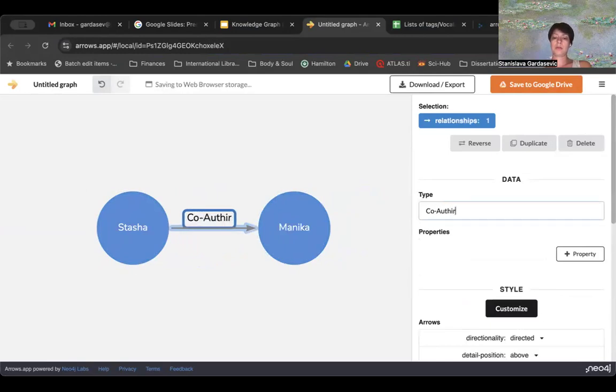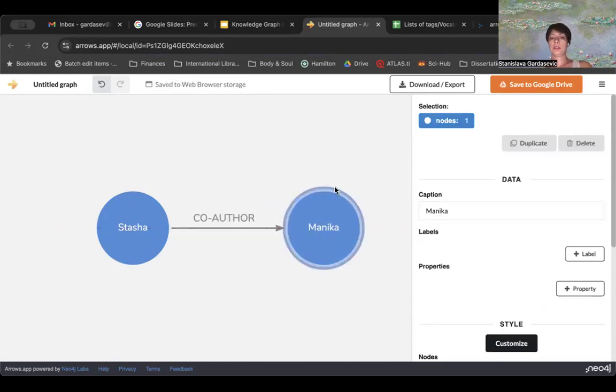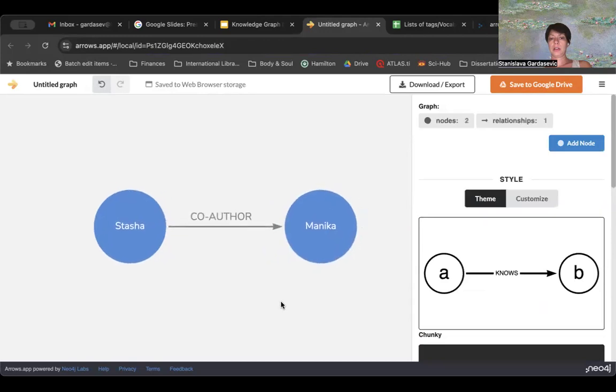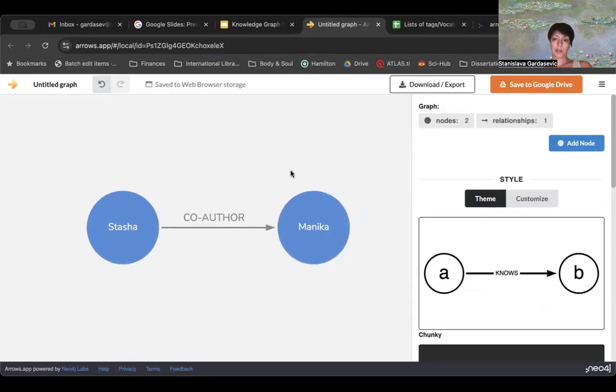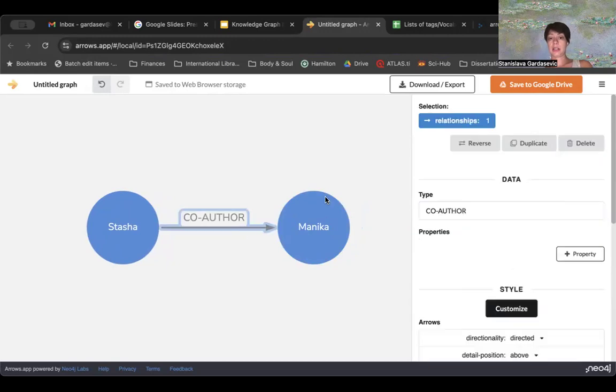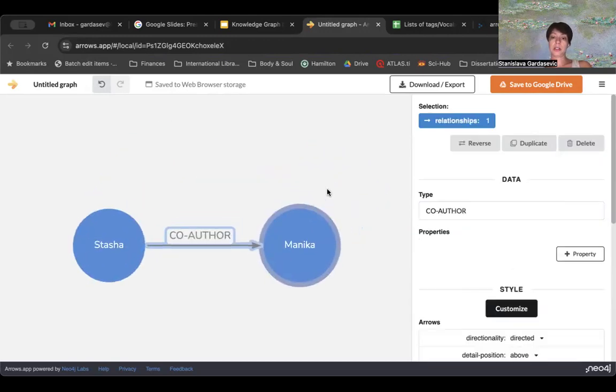Cool. Actually, here the convention is for relationship types to be all caps, and so on. So it's kind of neat to create your own graphs if you want to publish somewhere, just like nice looking nodes and edges.